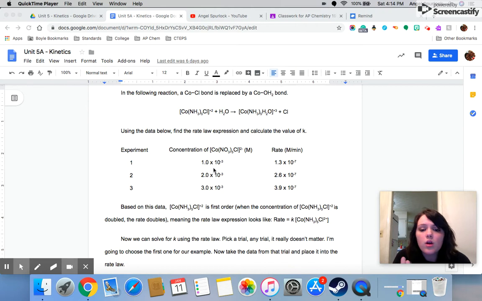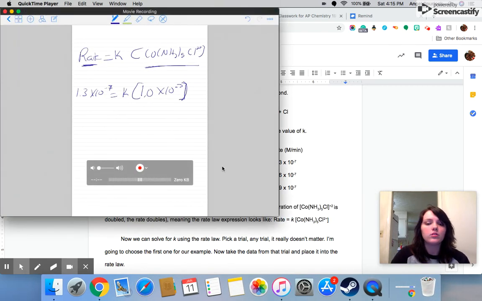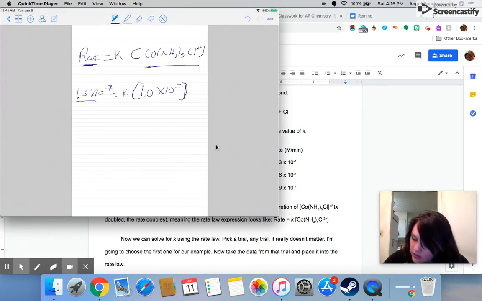So I'm just going to use trial 1 because it's easiest, where the concentration is 1.0 times 10 to the negative third. And the rate, when that is the concentration, is 1.3 times 10 to the negative 7. So when I set it up, this is what it'll look like. 1.3 times 10 to the negative 7 is equal to k times the concentration of our reactant.